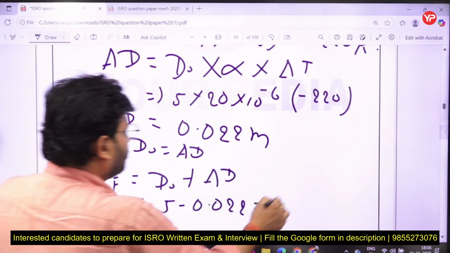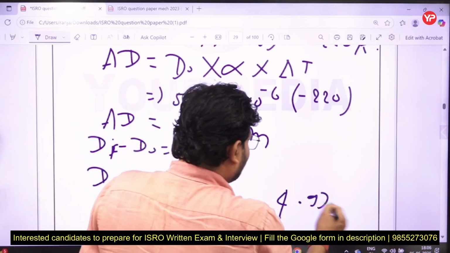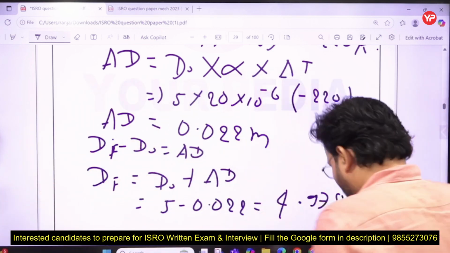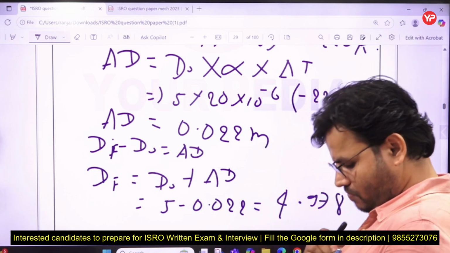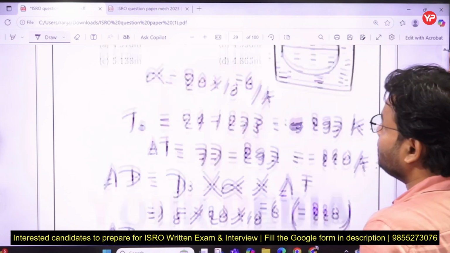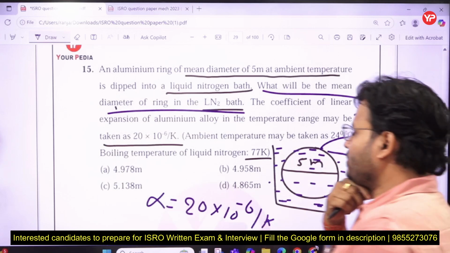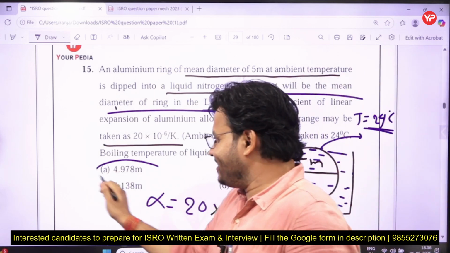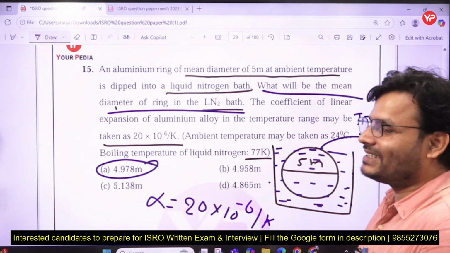By solving that, we get 4.978. So the answer will be 4.978. Very close answer; such a close answer should be there without a calculator.